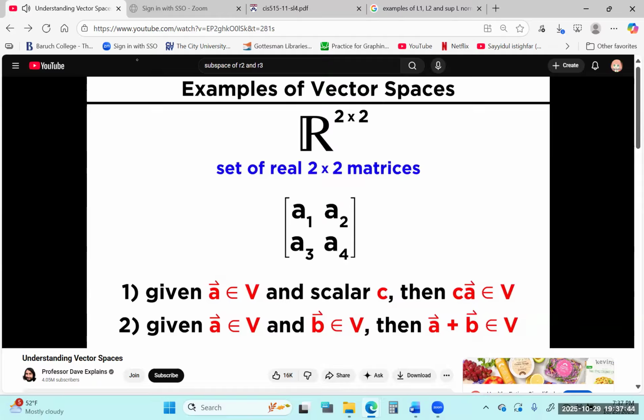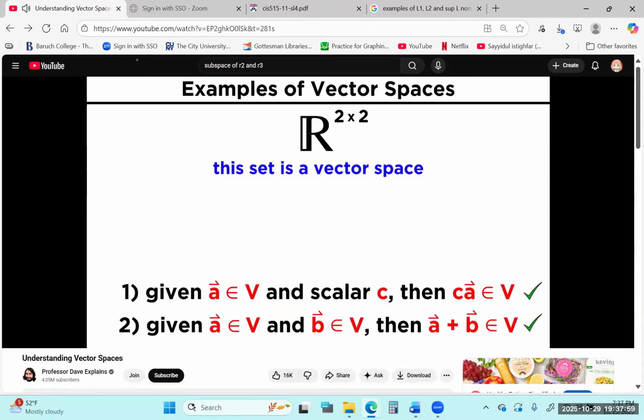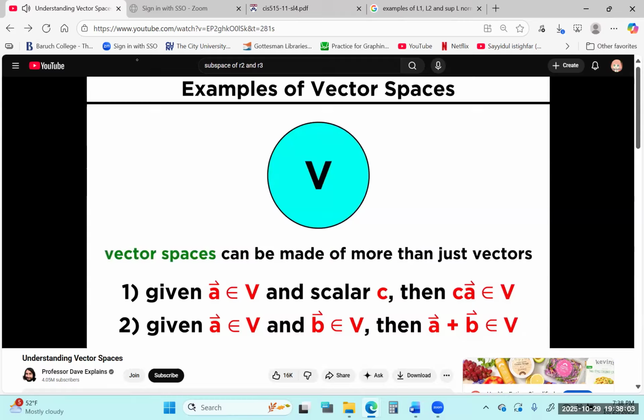Given what we know about matrix addition, if some set is comprised of matrices with the same dimensions, multiplying by some scalar or adding any two matrices together will not change their dimensions, which makes this too a vector space. So it would seem that vector spaces can actually be made of more than just vectors. In fact, we could define a vector space that was made up of functions if we wanted to.